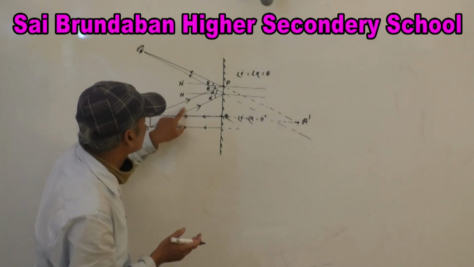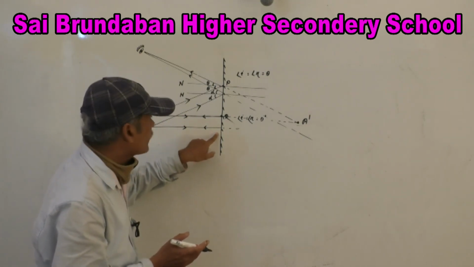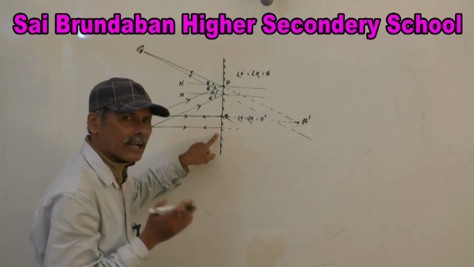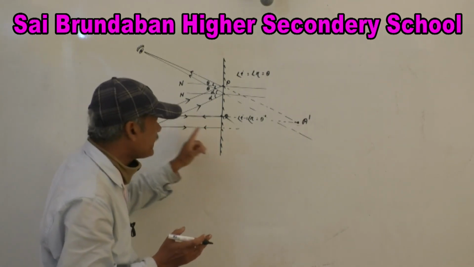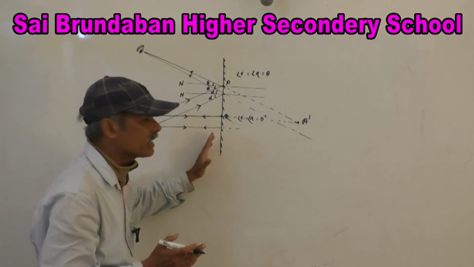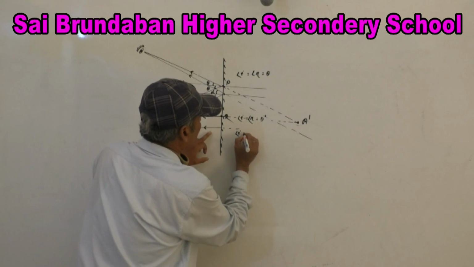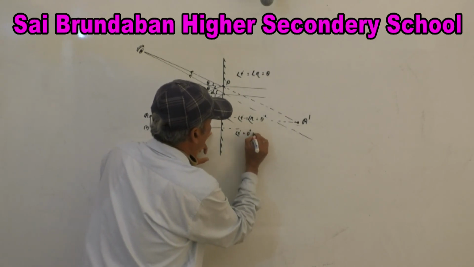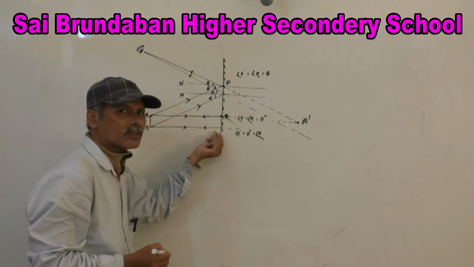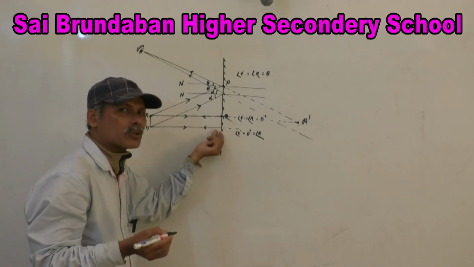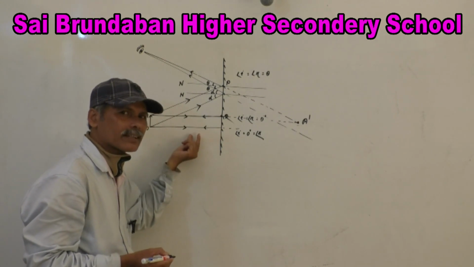And this incident ray directly hits the surface, making 90 degrees at the point of incidence, perpendicular to the surface, for which it makes an angle with the normal I equal to 0 degree, equal to angle R. So I is equal to R is equal to 0 degree. So the reflected ray returns back along the same line of the incident ray.